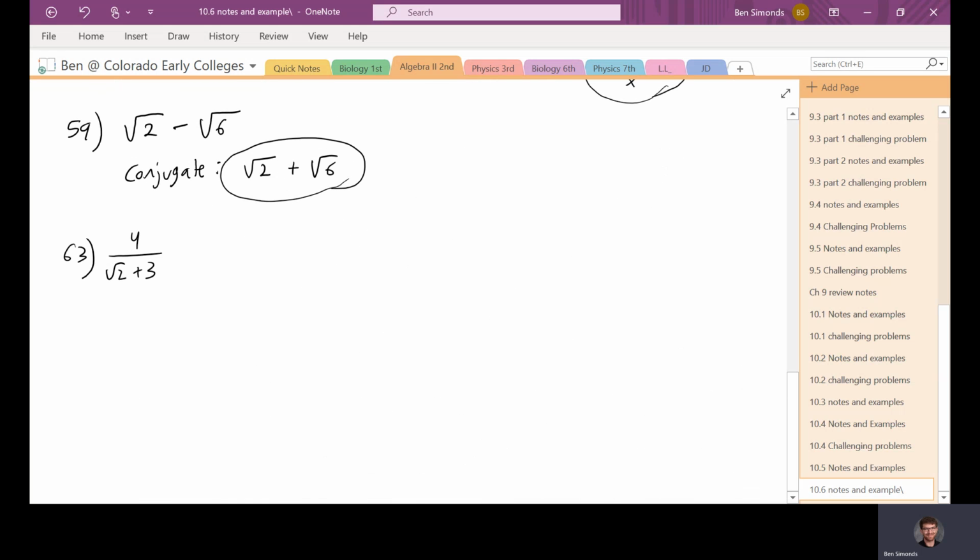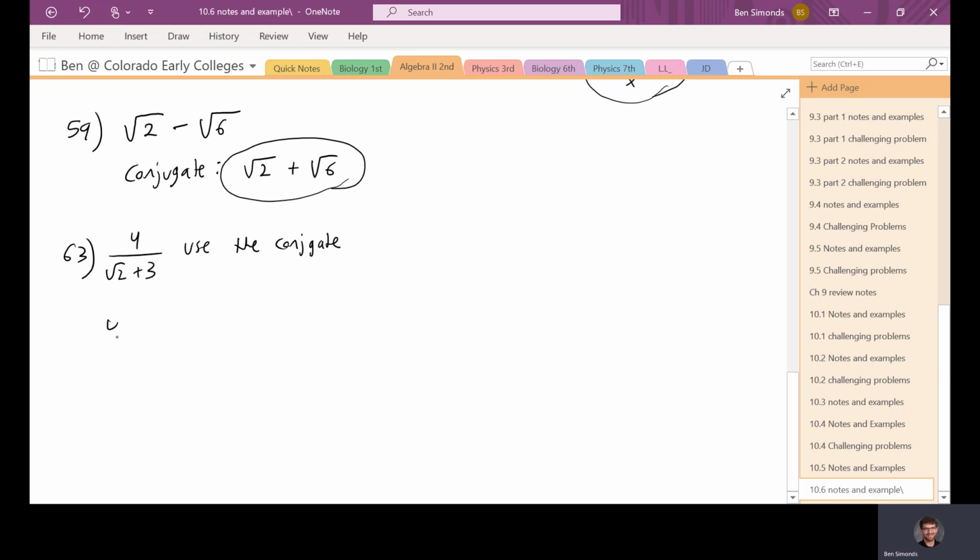We haven't had anything added or subtracted. Now that we've got that plus 3 in there, we can't simply multiply by square root of 2, because that might take care of this, but then this 3 will get a square root of 2 and we still have that square root down there. So how are we going to get rid of this? We need to use the conjugate.